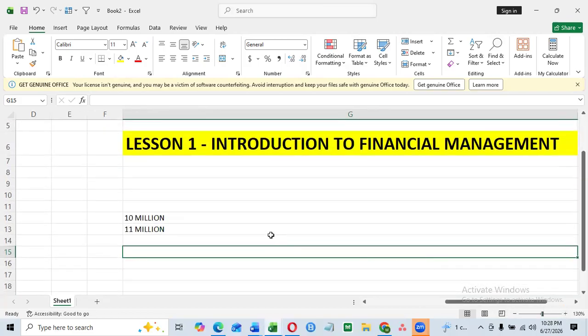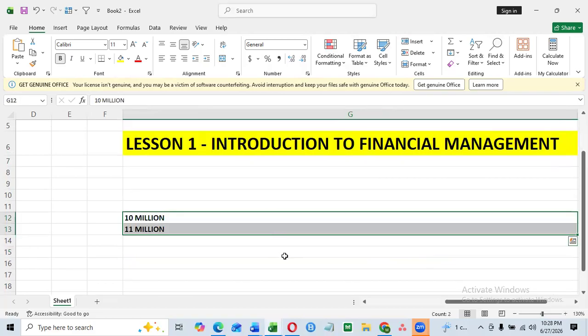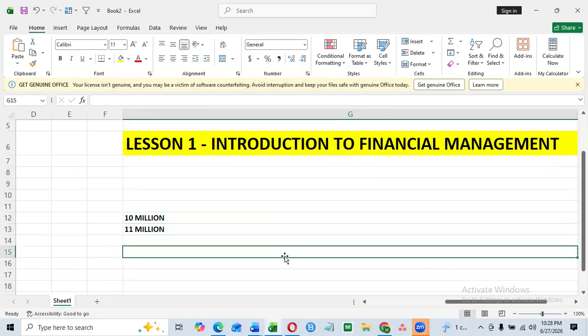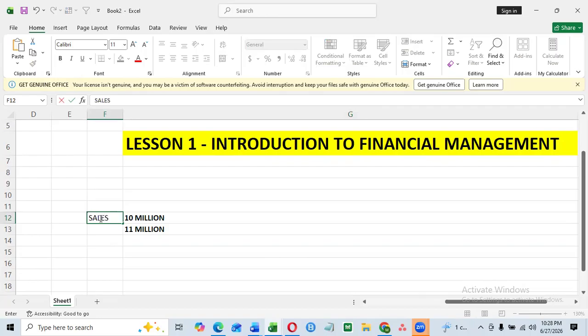That simply tells you that you just made 10 million naira and you lost 1 million. Look at it well. So you just made 10 million naira and you lost 1 million.